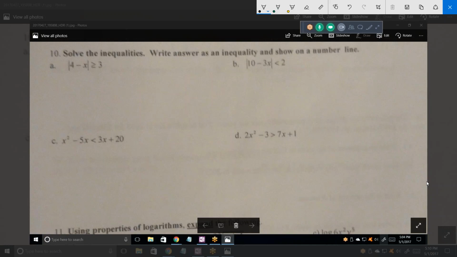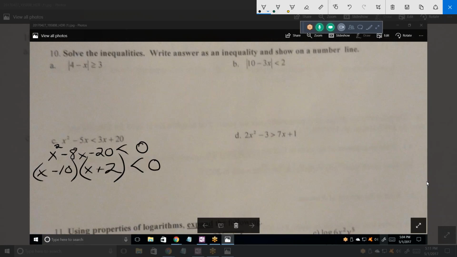In this case, it's going to be turned into the following quadratic less than 0. How's that factor? x minus 10 times x plus 2.